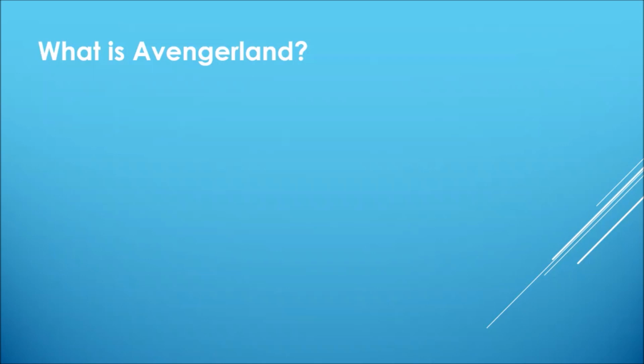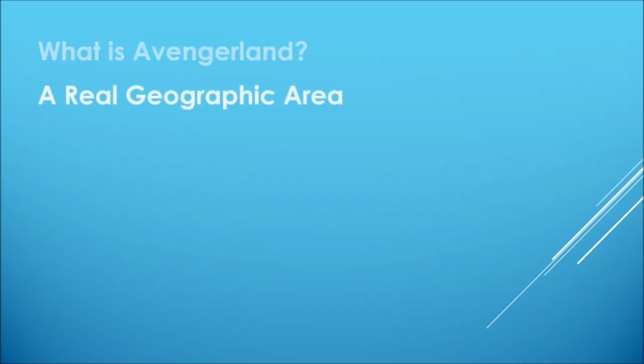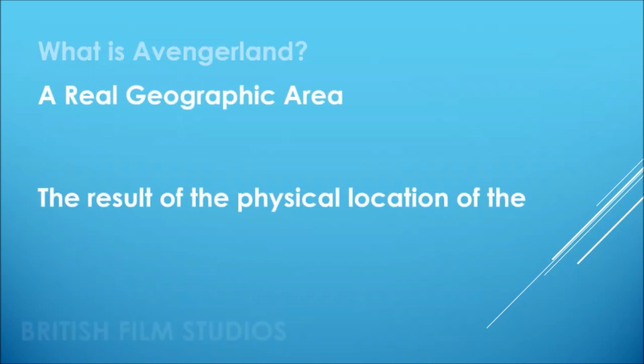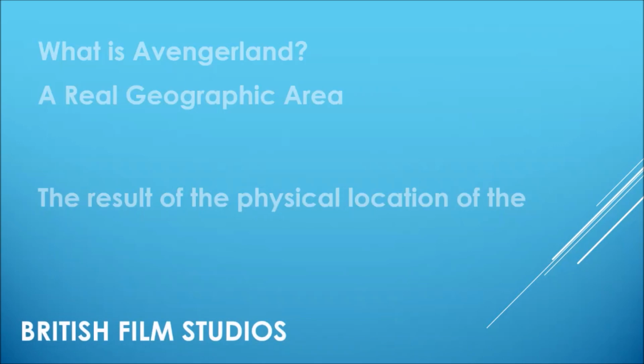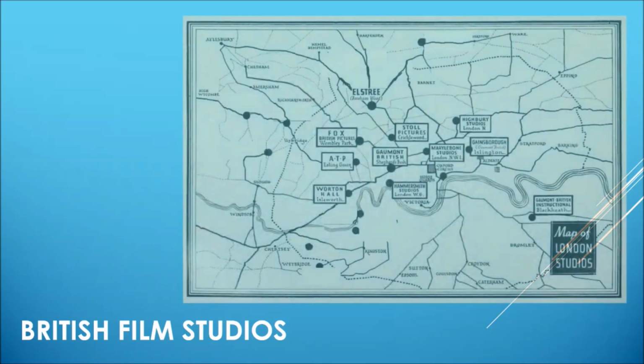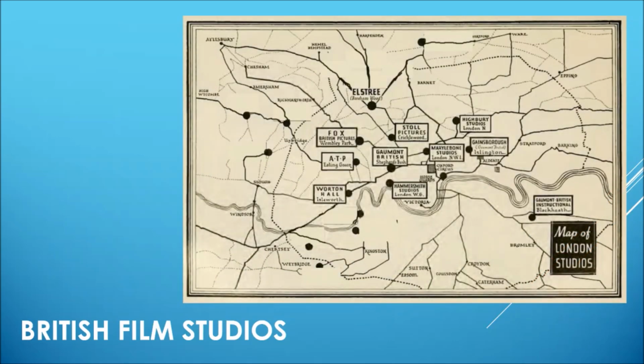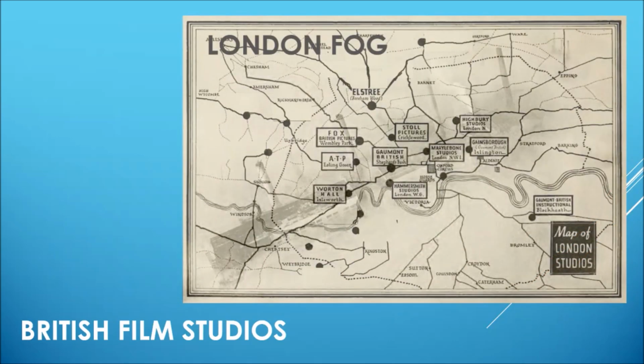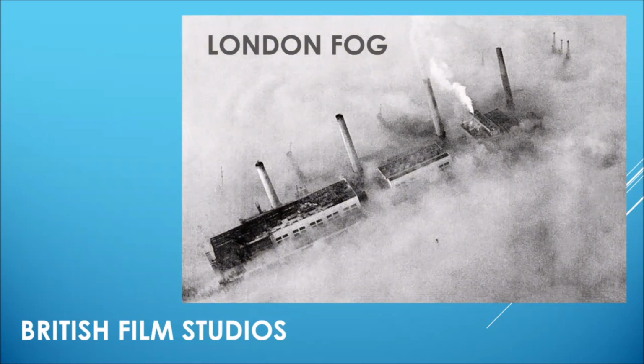But Avengerland is also a real geographic area, a result of the physical location of the British film studios. Early British film studios were built in and around London. These studios were constantly battling thick fogs which would seep into the studio buildings.